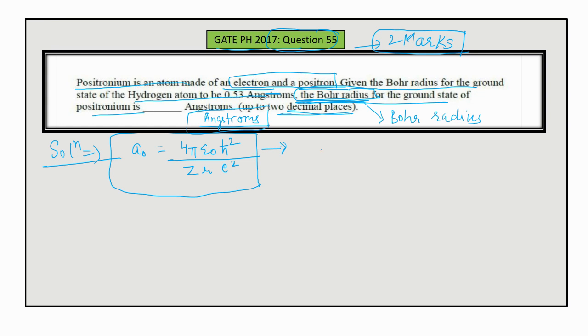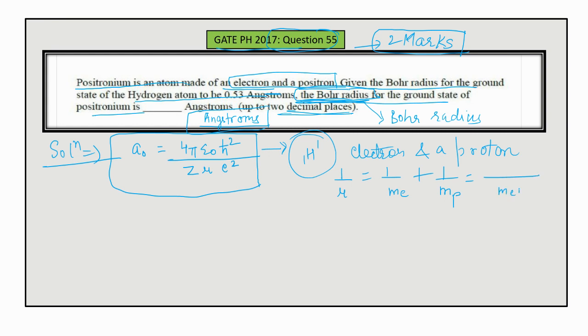Now, for the hydrogen atom, we have an electron and a proton. So the effective mass is 1 upon mu equals 1 upon me plus 1 upon mp. Taking the LCM, mu will be me mp upon mp plus me.